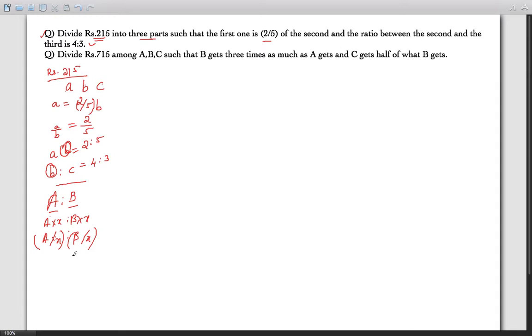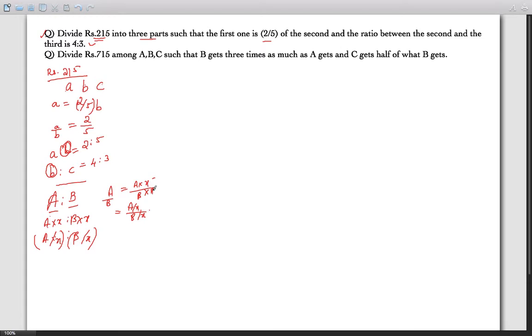You understand? So that is what I'm saying here: a ratio's value will not change if you multiply both the antecedent and the consequent with the same constant number. Say like this, like you have A by B, this is same as A into X by B into X, or this is also A by B is same as A by X by B by X. You understand?